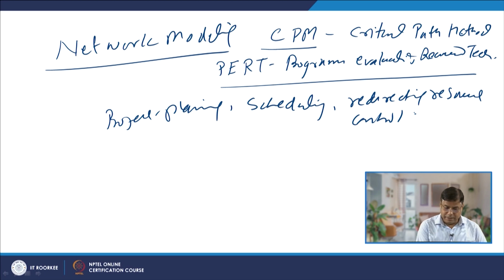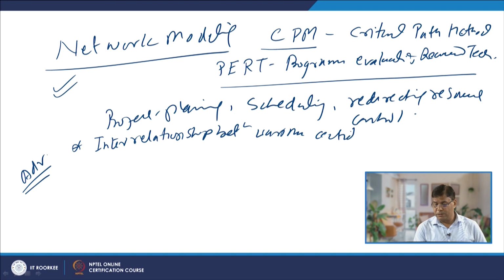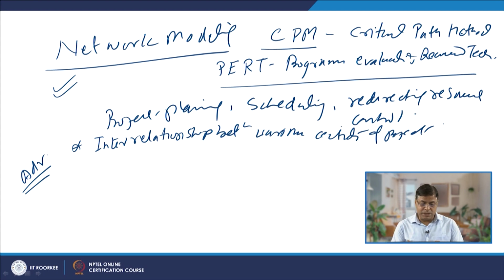As far as the advantages of the network modeling approach are concerned, it shows the interrelationship between various activities of the project to be done, meaning what activities need to be done first and what activities need to be done later.